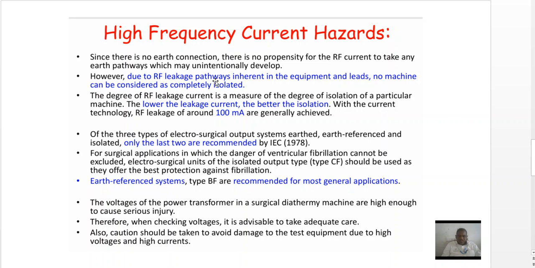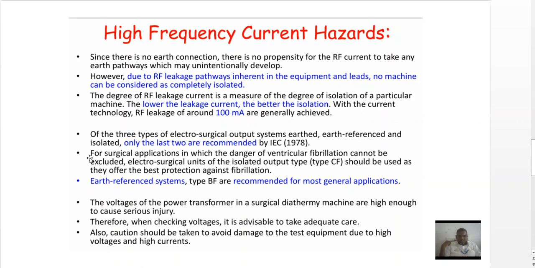There will be always some leakage current. The degree of RF leakage current is a measure of the degree of isolation of a particular machine. The lower the leakage current, the better the isolation. With the current technology, RF leakage of around 100 milliampere are generally achieved.